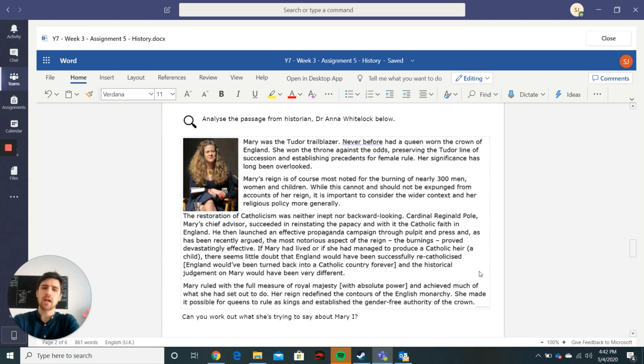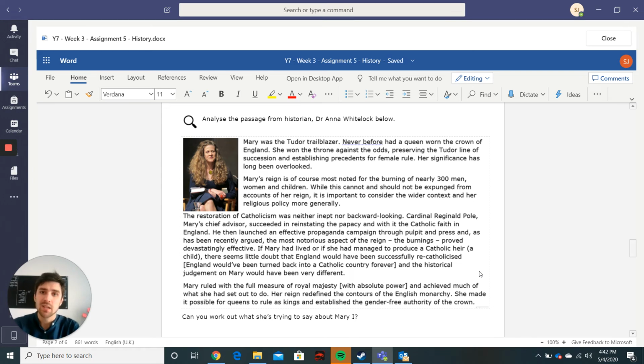He then launched an effective propaganda campaign through the pulpit and press, in church and through news. As has been recently argued, the most notorious aspect of the reign, the burnings, proved devastatingly effective.